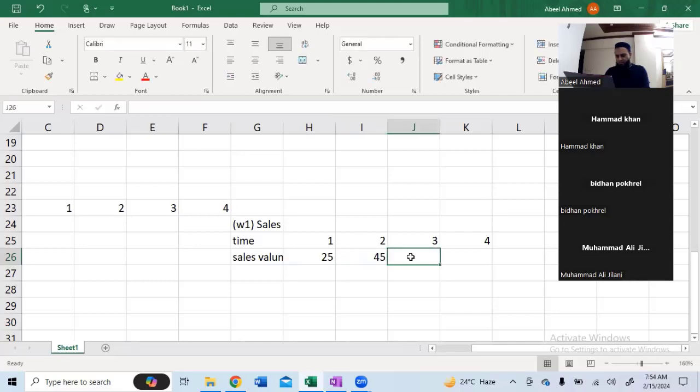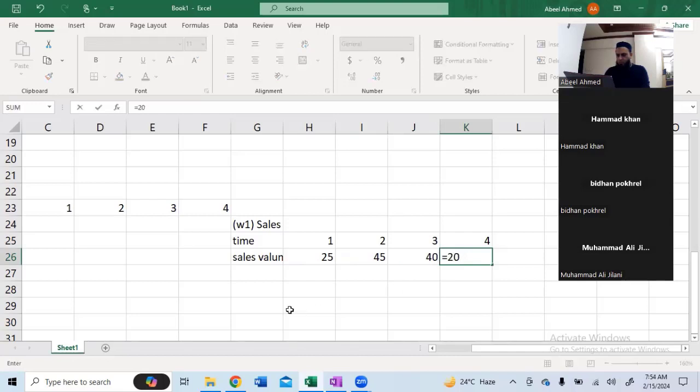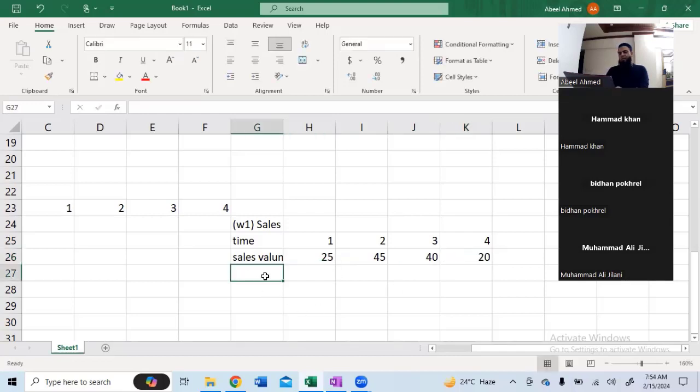Please correct me if I make any error. 40 and last it is, I think, 20. Am I right? Yes or no? Sales volume. Selling price is 20. Is there any error? No.